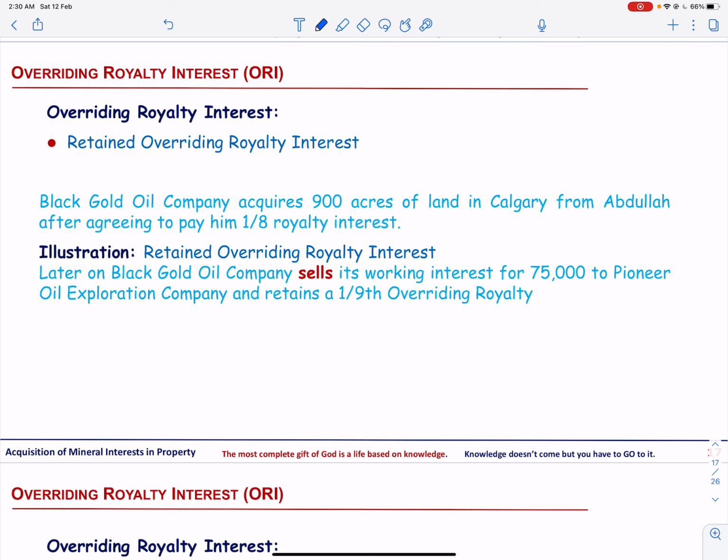So, in this situation, Abdullah, the landowner, will receive 1/8 of gross revenue from the property, and Black Gold Oil Company will receive 1/9 of net revenue interest.